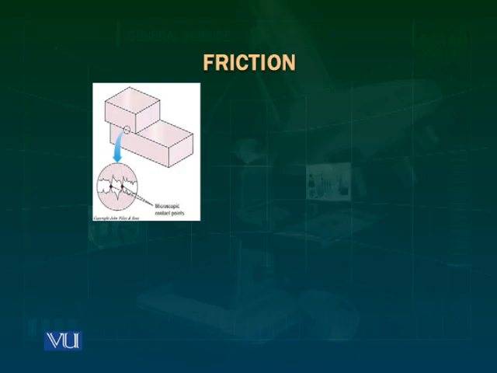Whenever two surfaces meet and are moving across each other, you have friction, which is technically opposing the amount of force which we apply to it. It is something which does not allow motion to take place.